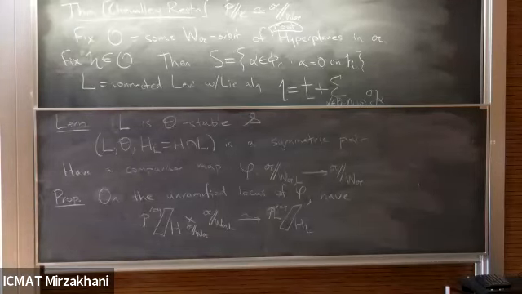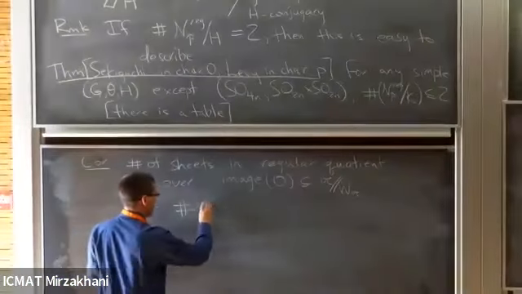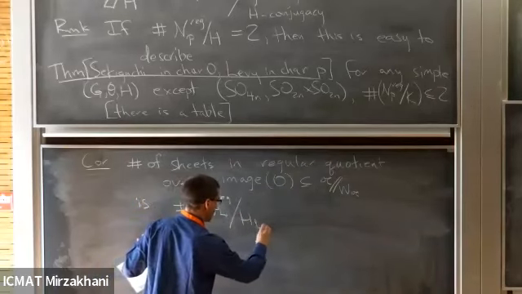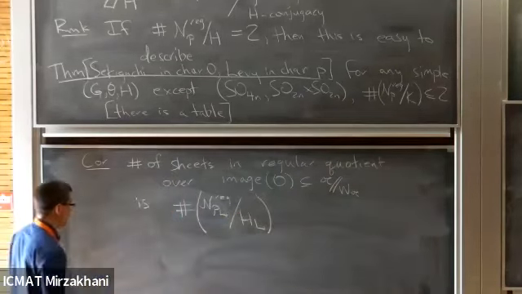So the number of sheets in the non-separated, so in the regular quotient, over the image of O inside of A mod WA is the number of regular nilpotent orbits of PL, full stop.